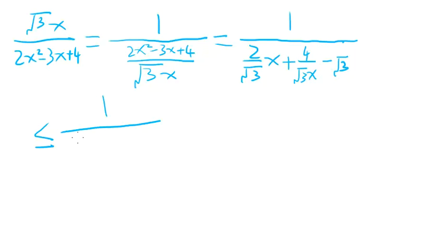So now we have 2 and square root x times root 3 x 4. And then the x's will cancel out.